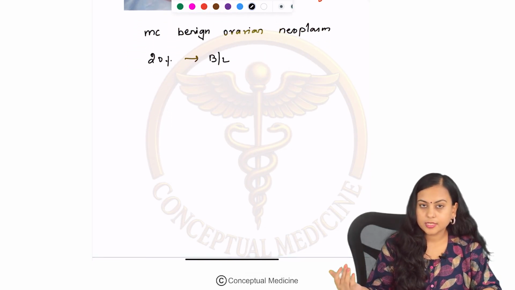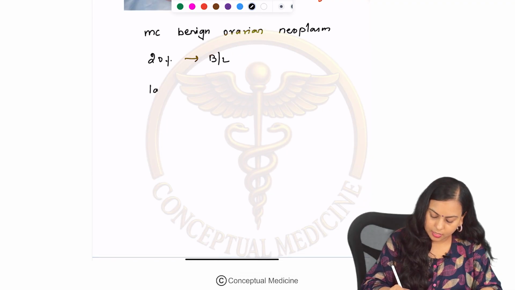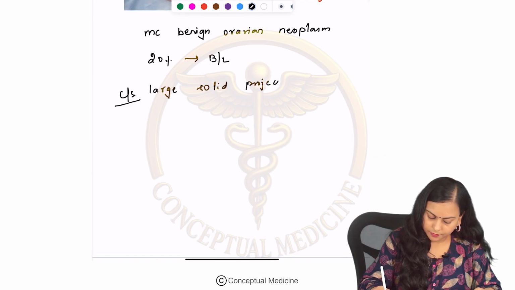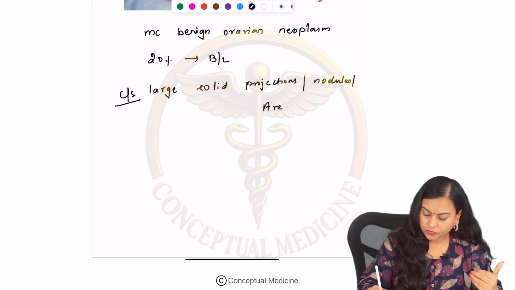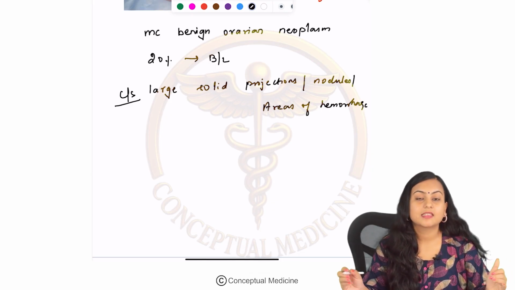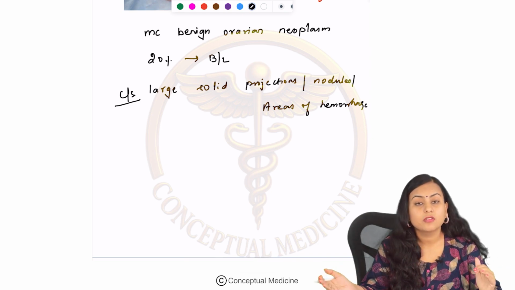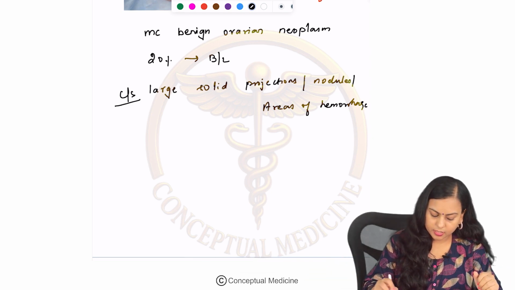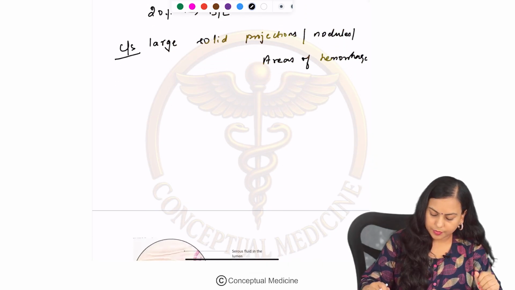On cut section, sometimes you will be able to see large solid projections, or nodules, or even areas of hemorrhage. Then you have to think of the chance of malignancy, that is serous cystadenocarcinoma, right? So this is how it will be, okay.